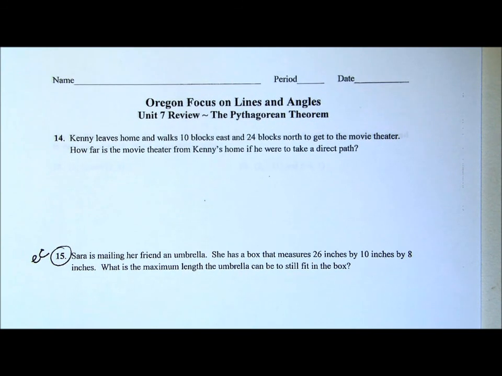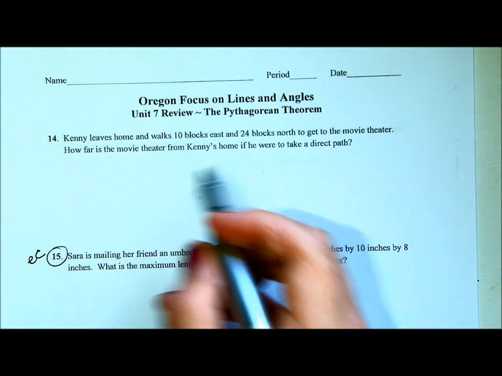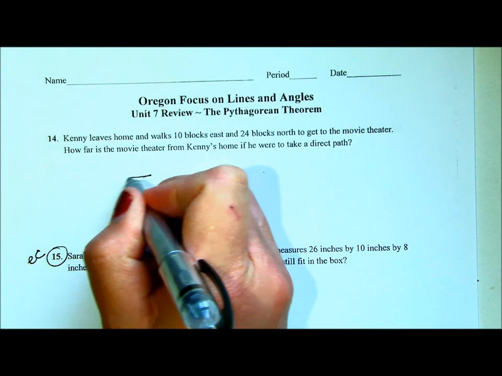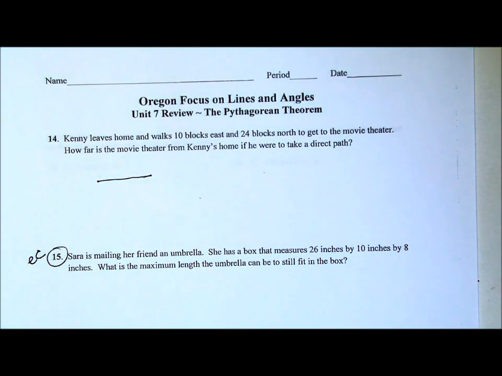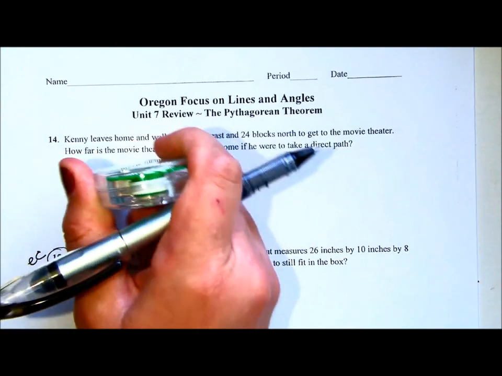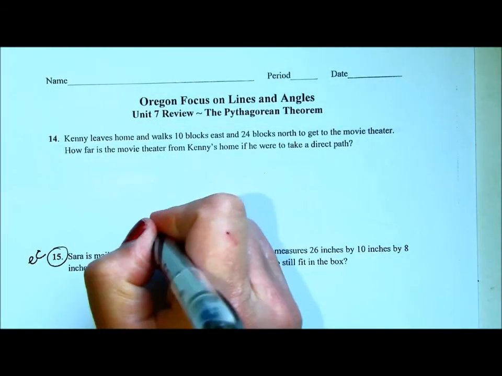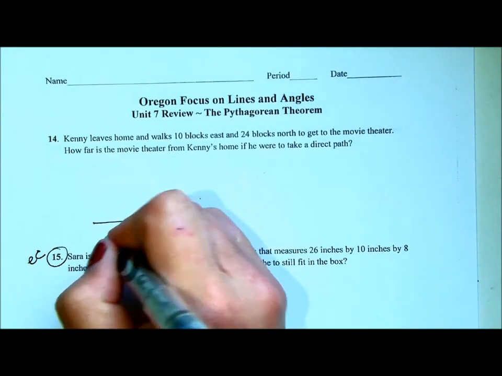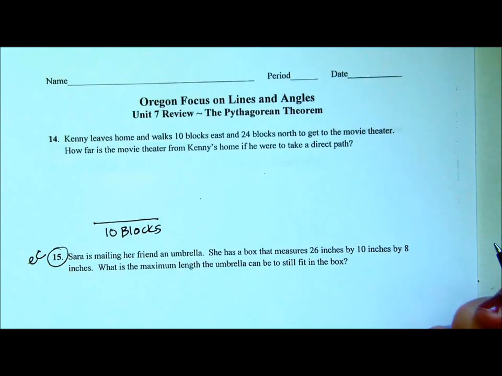So, Kenny leaves home and walks 10 blocks east. Sorry about that. Wrong place to put that. Alright, so Kenny walks east 10 blocks. Then he walks 24 blocks north.